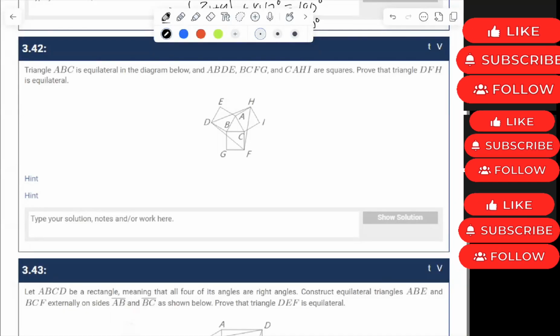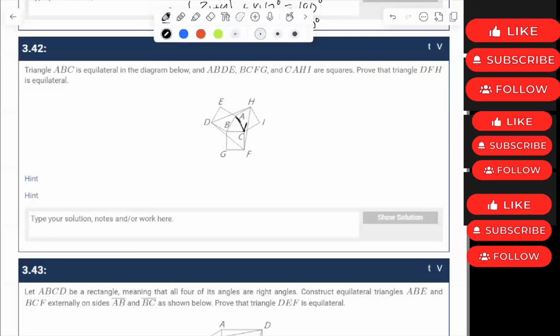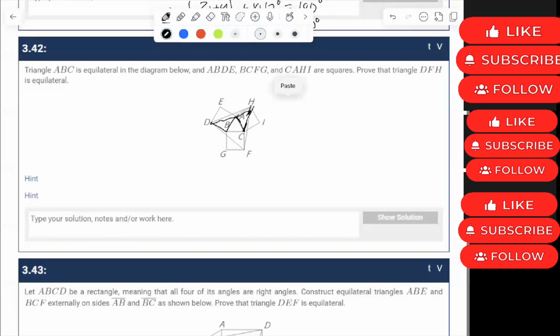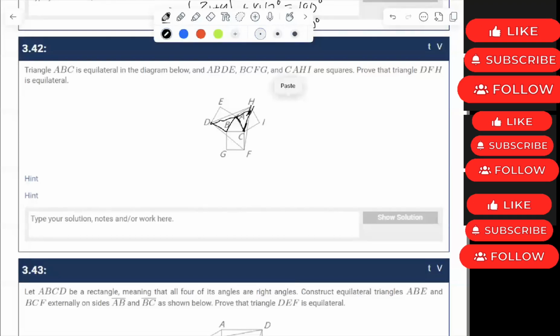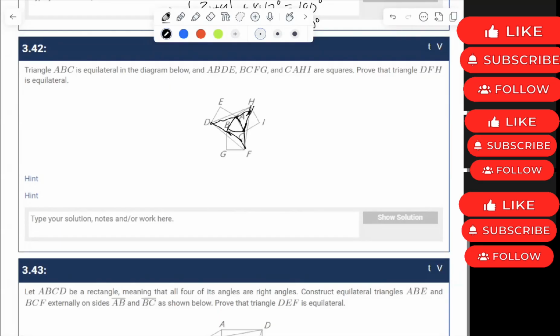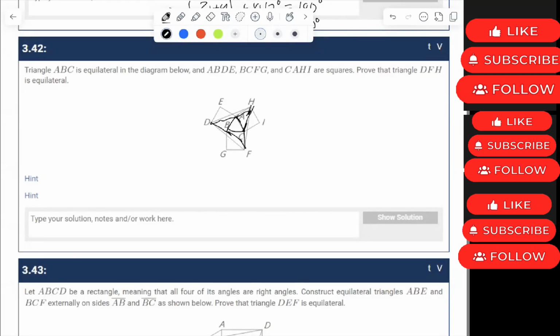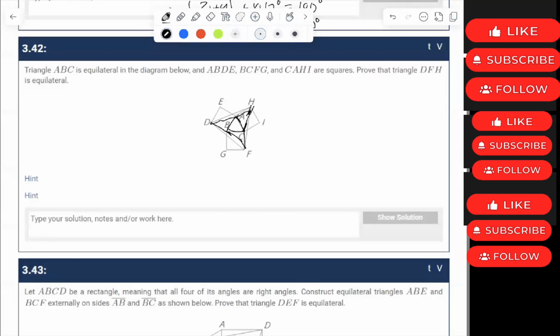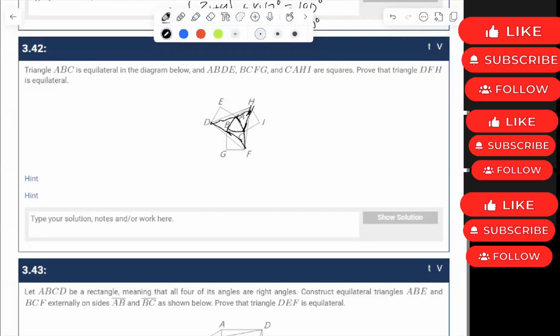Note that CAH, ABD, and BFC are congruent. All right, these two angles are congruent.